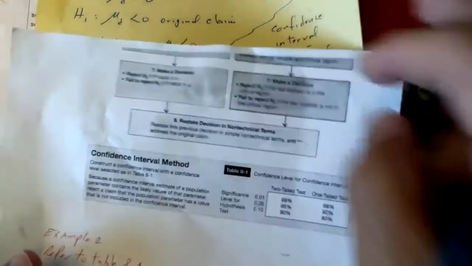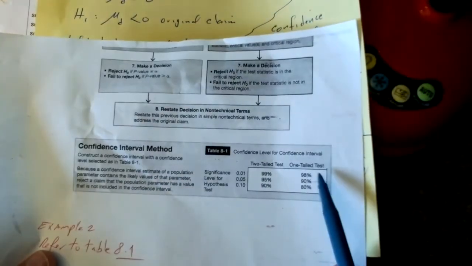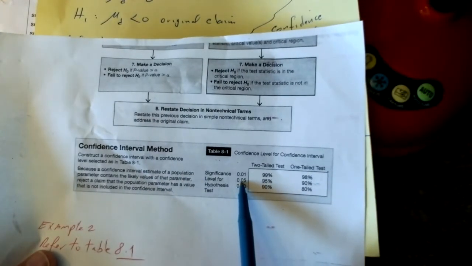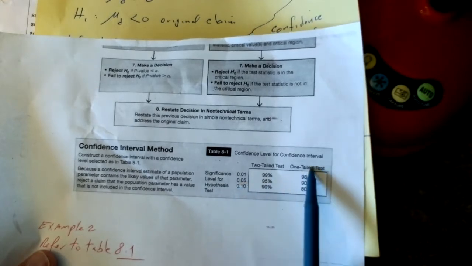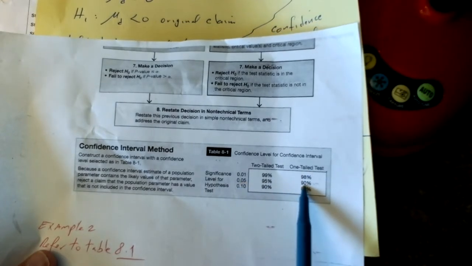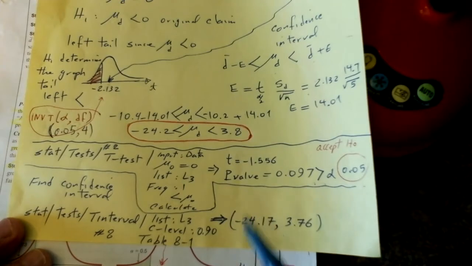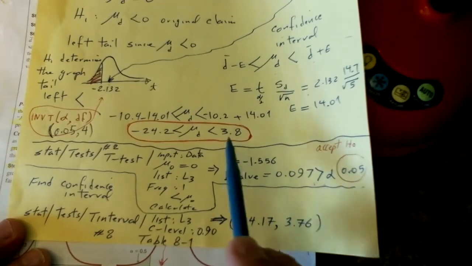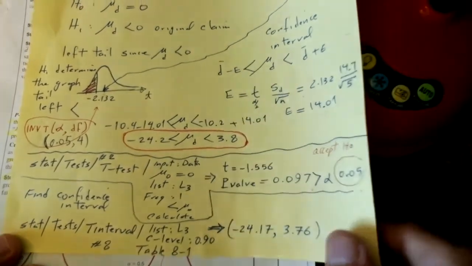Our problem is one tail and is 5%. If the significance level is 5% and you have one tail, the confidence level is 0.90. That's why we are using 0.90 here. So that should be your confidence interval from the calculator. It should match this one, see?